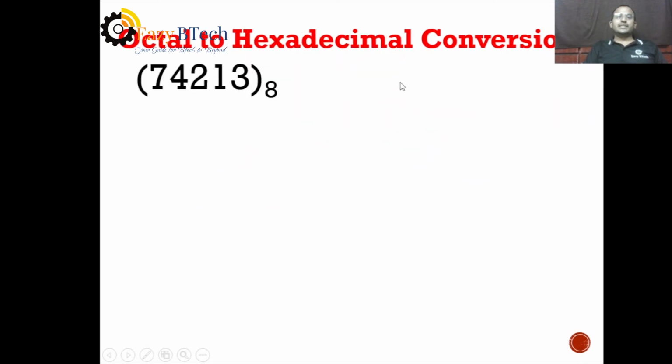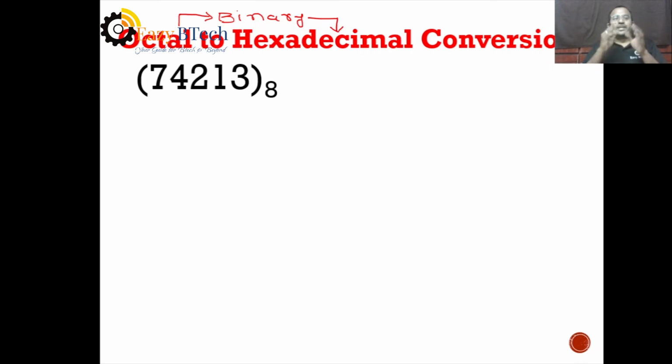Now we will see how to find the hexadecimal equivalent for the octal. So what we have to do? First we have to convert octal to binary, then from binary to hexadecimal, just the other way.